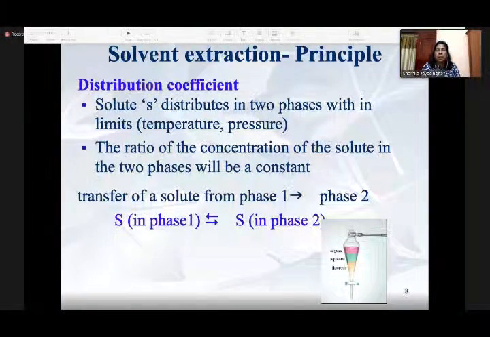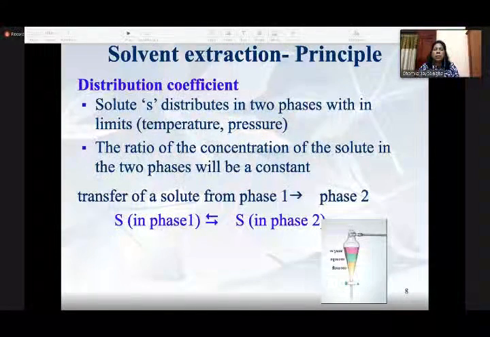So likewise, this solvent extraction principle is very important. Basically here you have to know that the distribution coefficient can change depending on the temperature and pressure, and also the ratio of concentration of the solute in the two phases will be constant.